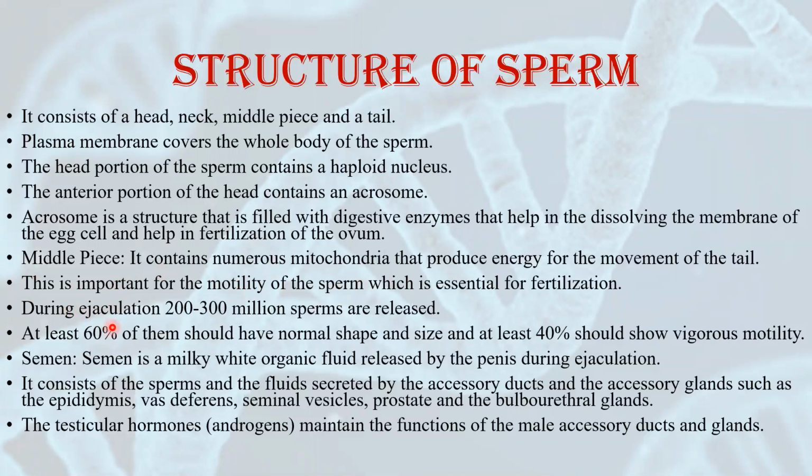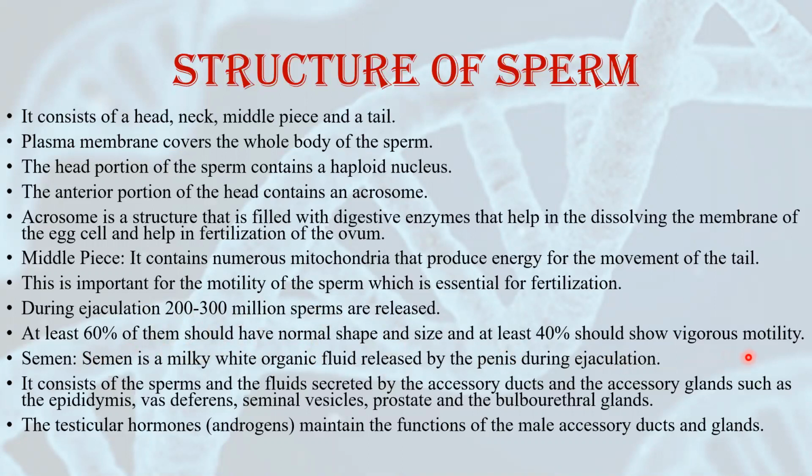Now, during one ejaculation, around 200 to 300 million sperms are released. Out of these 200 to 300 million sperms, 60% of them should have normal shape and size. And at least 40% out of these 60% should have vigorous motility.